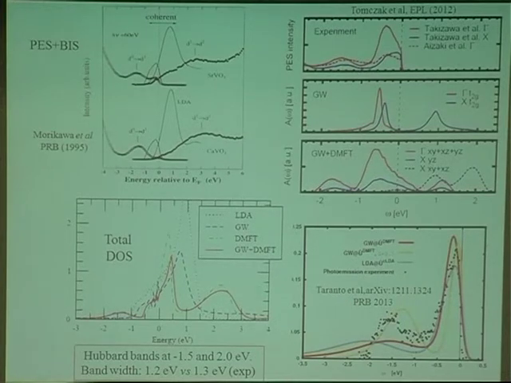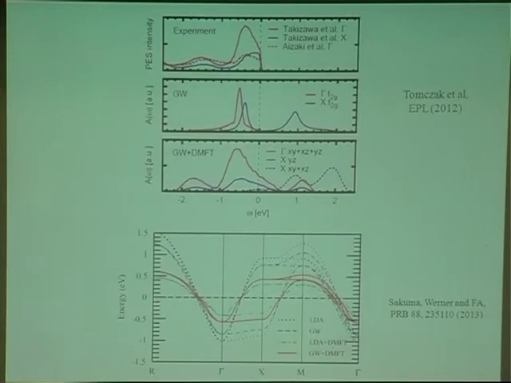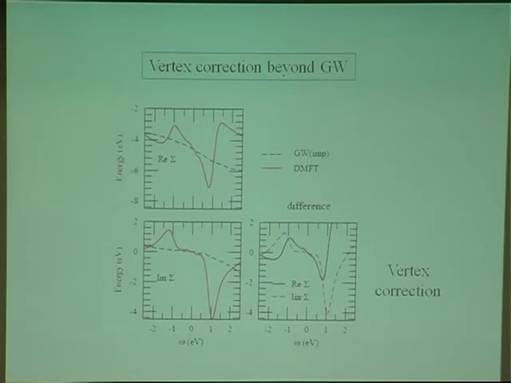So let me just show the last slide maybe. Here I would like to show you the vertex corrections beyond the GW self-energy. What we have done here is simply to take the difference between the DMFT self-energy and the corresponding self-energy within the GW approximation.